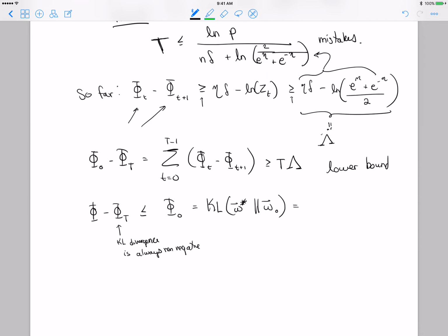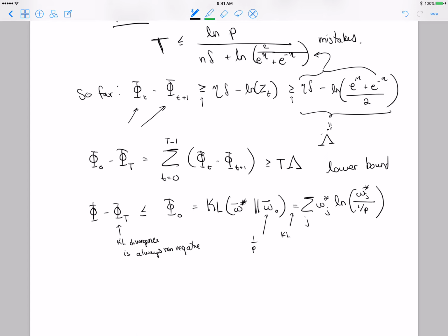And then again by definition, log of Wj star is a definition again of KL divergence. And then of course W0, I don't know if you remember it, but it's just uniformly 1 over p, where p is the number of features.